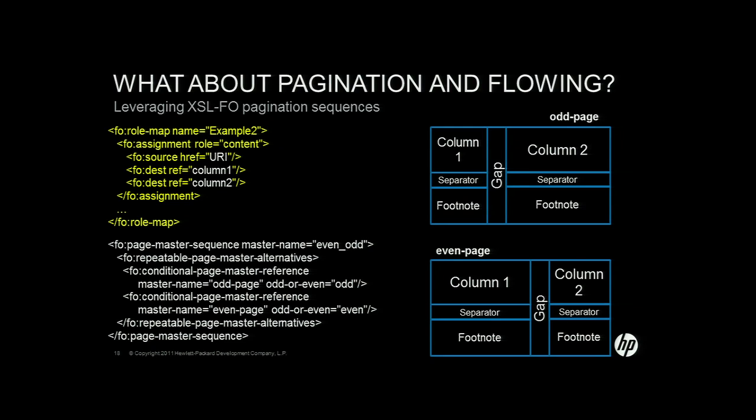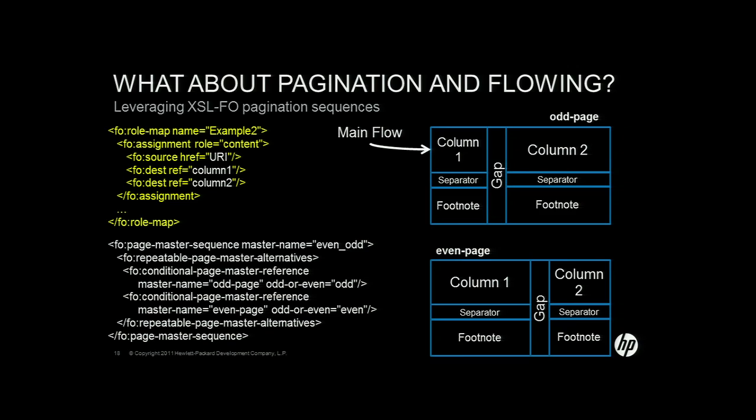Then I use the FO description of page master sequencing, and in this case I want a master alternative, so I want to have even and odd pages. The condition is that when the page is either odd or even, you use one or the other. And I have a repeatable page sequence master, so this will be repeated until the content is exhausted. When I finish the content, I will stop paginating.